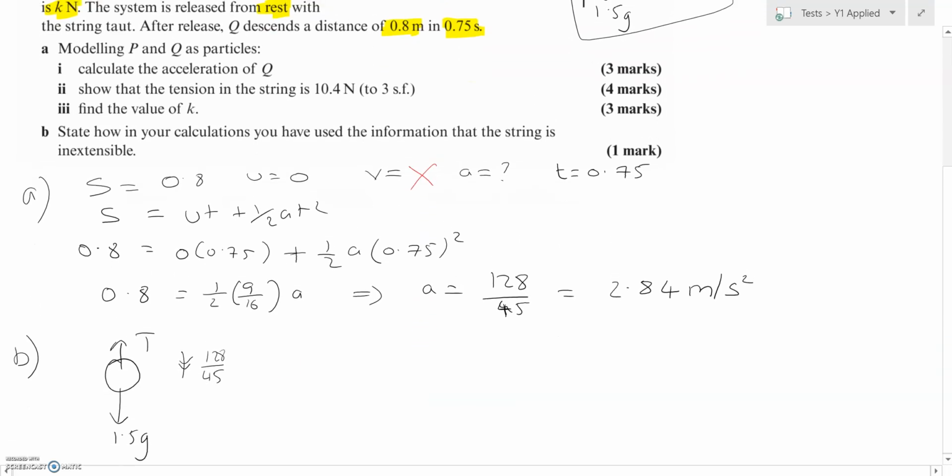If we find our resultant going downwards, then we've got 1.5 g acting downwards. The force acting upwards is tension, so we subtract them to get our net force, and the net force is equal to mass times acceleration.